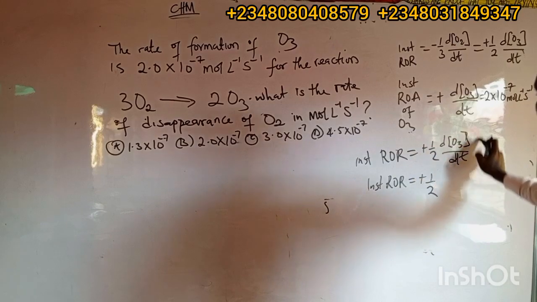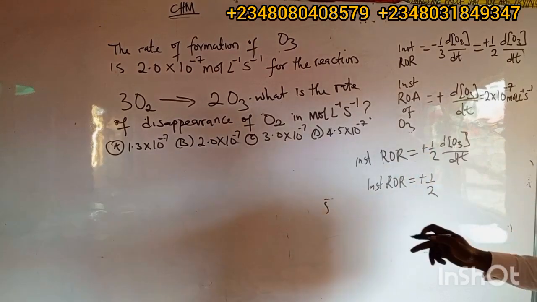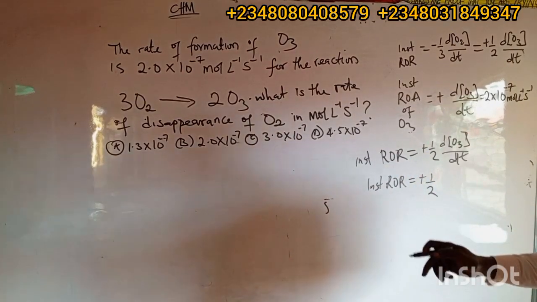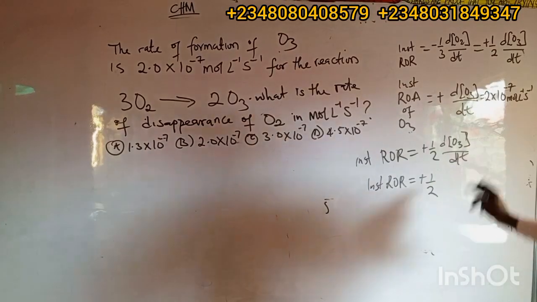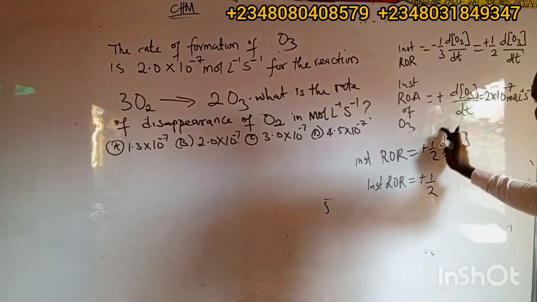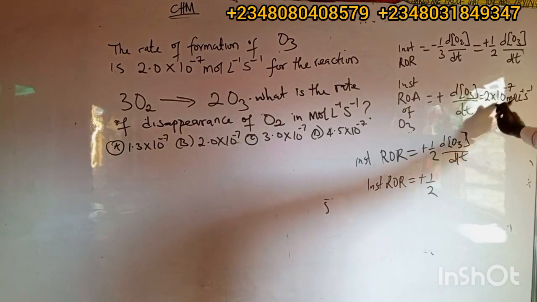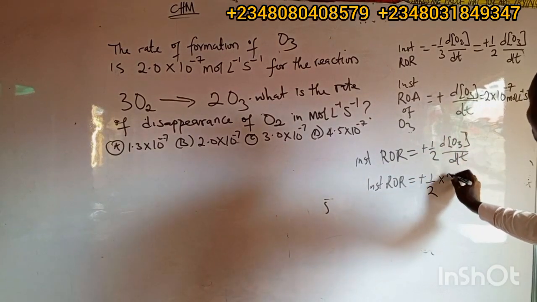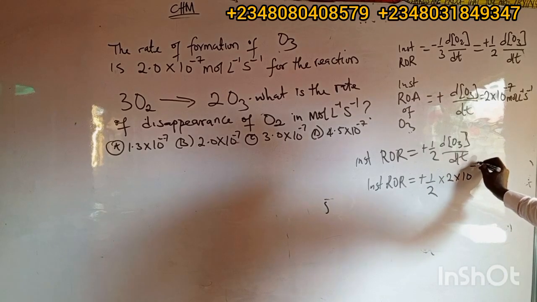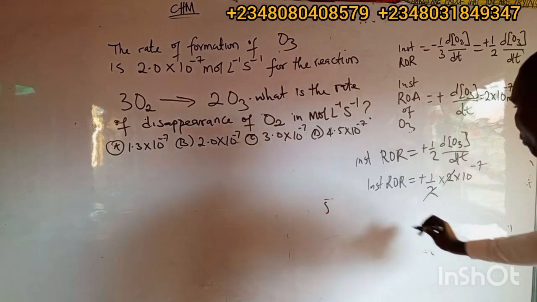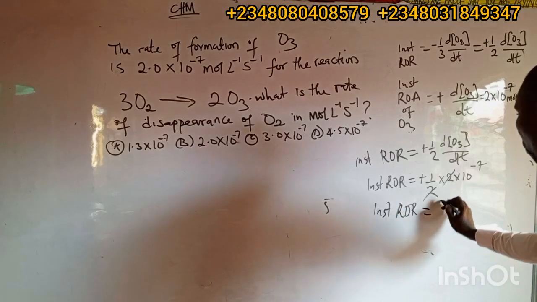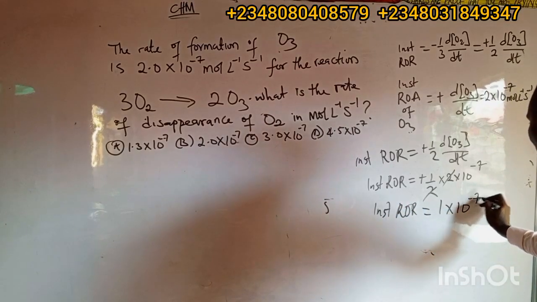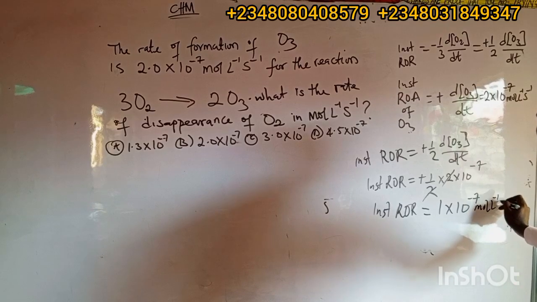Formation means appearance, consume or used means disappearance, that is reactant. Formation means appearance, that is product. The rate of appearance of this product is given as 2 times 10 raised to the power minus 7. The 2 cancels, so the instantaneous rate of reaction equals 1 times 10 raised to the power minus 7 mole per liter per second.